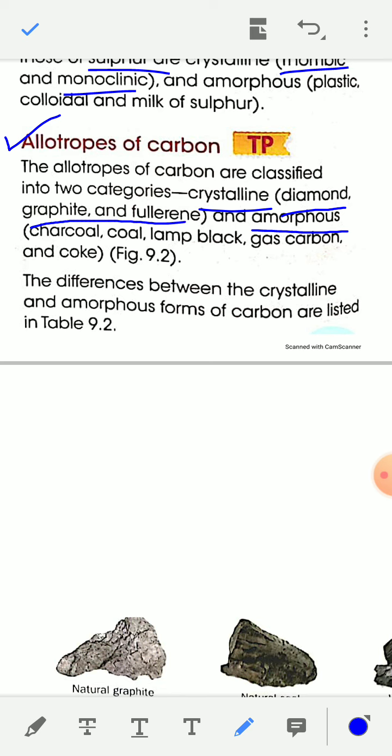Amorphous allotropic forms of carbon are charcoal, coal, lamp black, gas carbon, and coke.